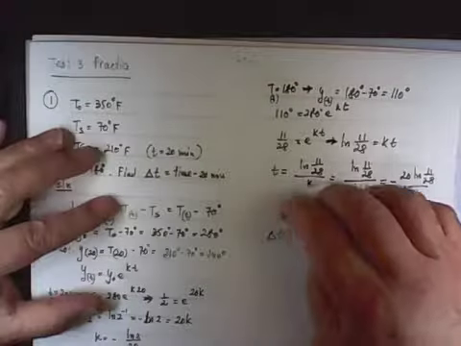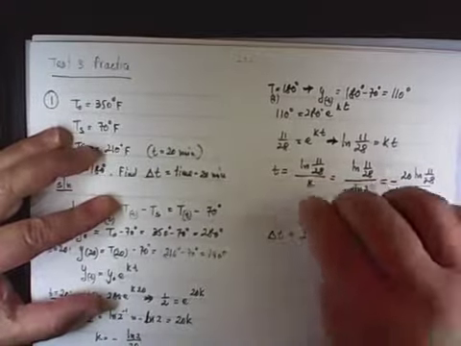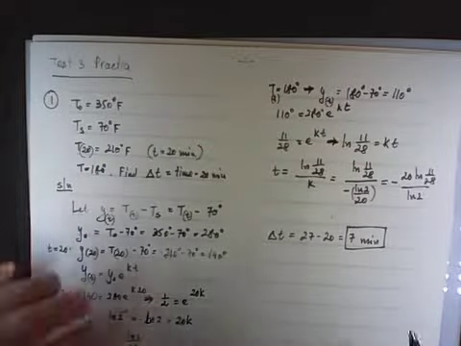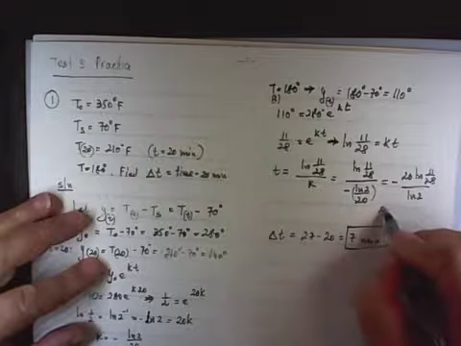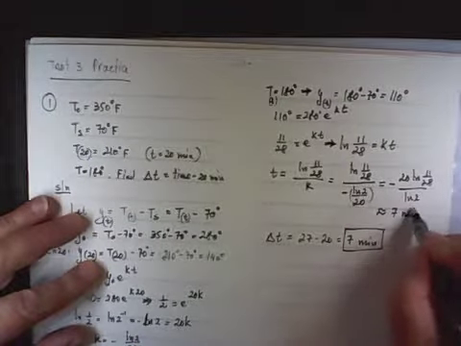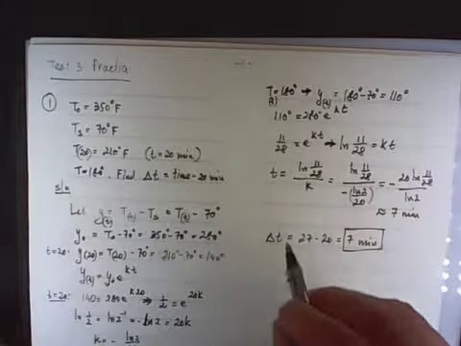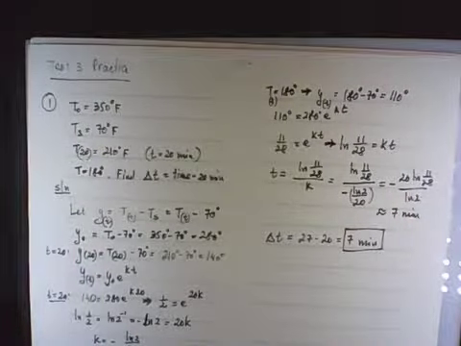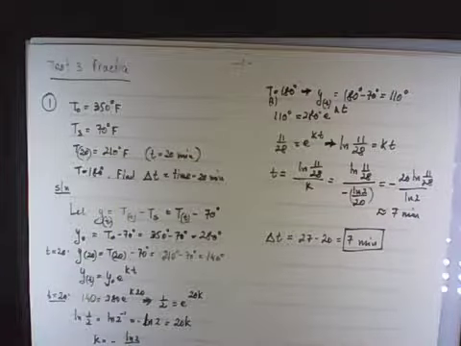Okay, so let's write. So the result of the calculation is about 7 minutes. But this is t, and we need to find delta t, and therefore this is the answer.